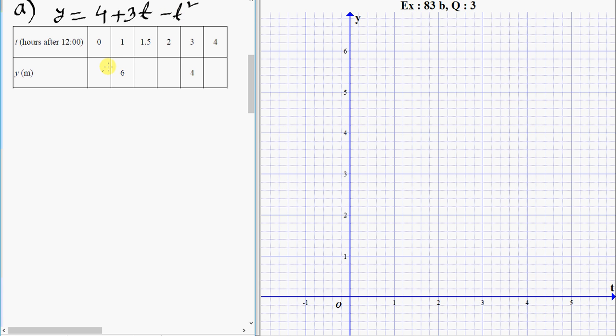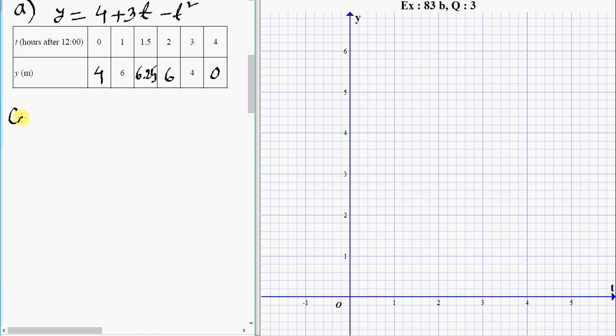So using calculator we'll get here 4. Then for 1.5 we'll get 6.25. For 2 it will be 6, and for 4 it will be 0.